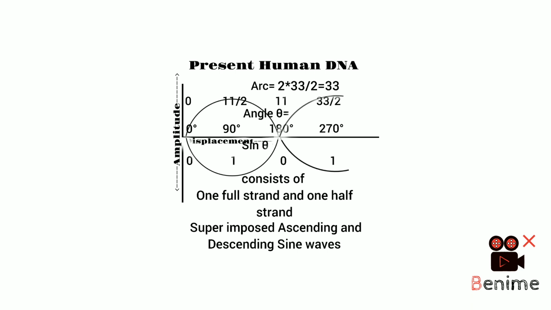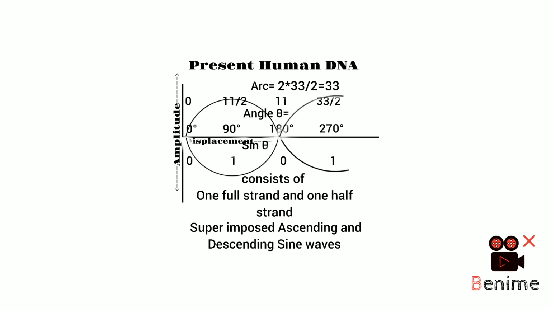So next, if you look at this diagram, we have a sine wave, ascending sine wave, which is starting at 0 degrees and going on, going to an amplitude of 1, and then 0, and then -1, one sine curve, and there is a superimposed sine curve, which is a descending one, in the sense its starting point is descending into the negative quadrant.